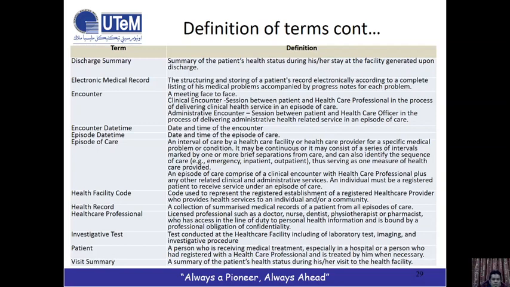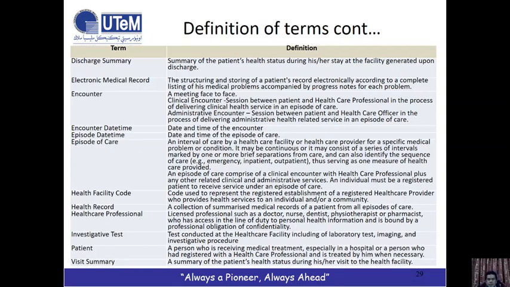So health record, what is health record? Healthcare professional. When we talk about healthcare professional, you can imagine that a healthcare professional is a doctor or certified nurse. Doctors have many levels.